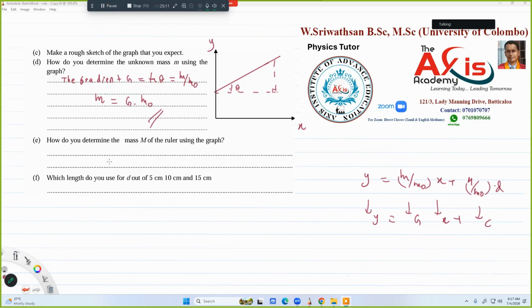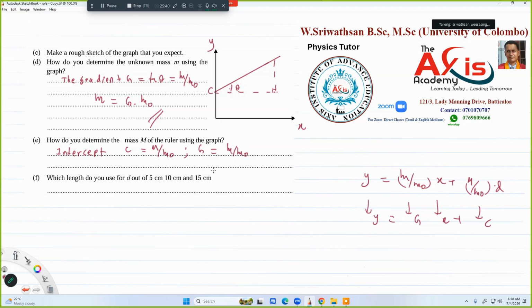Okay, then how do you determine the mass capital M of the ruler using the graph? Then we have to find the intercept, right? This is intercept C. C is equal to capital M over M naught times d. Gradient G is equal to small m over M naught.